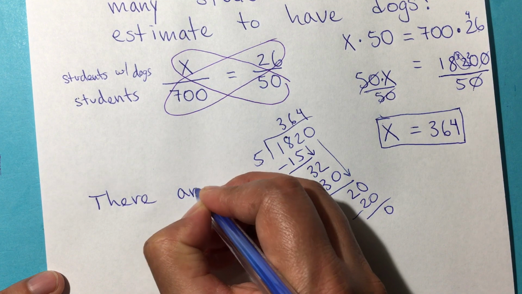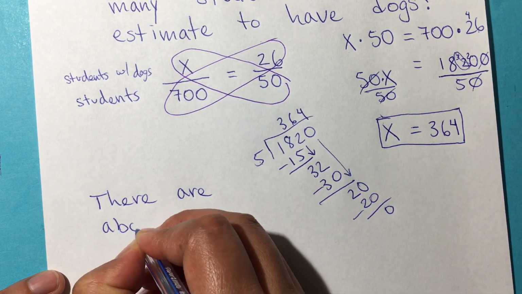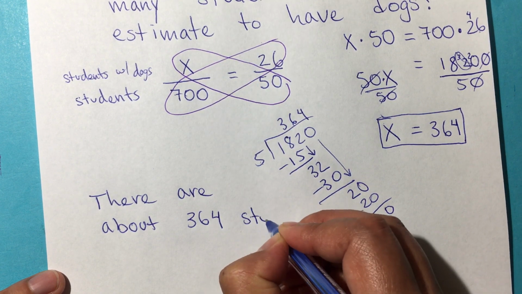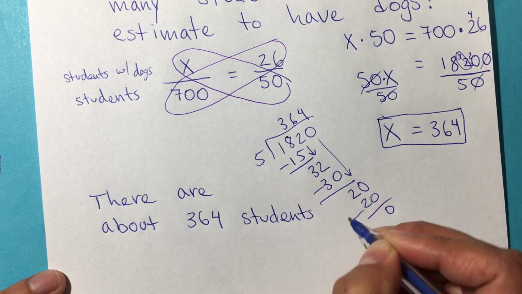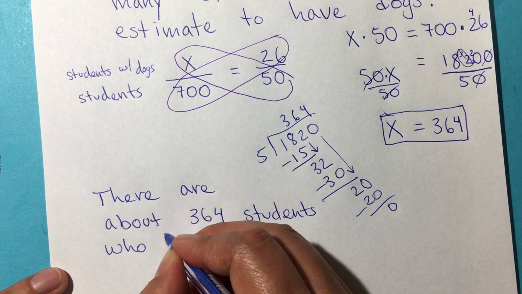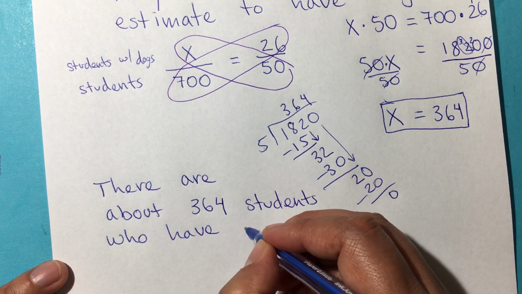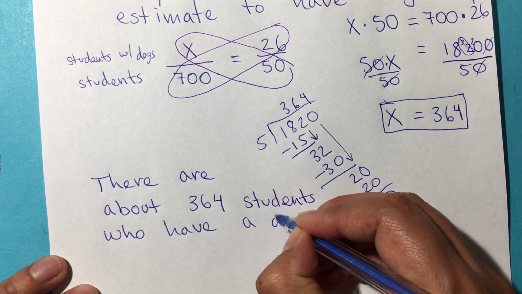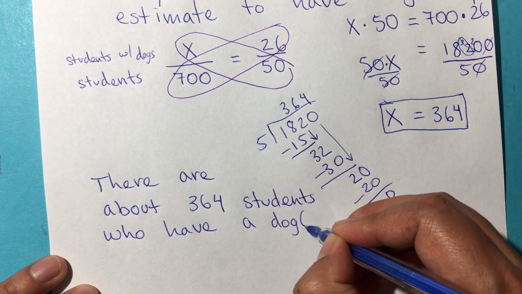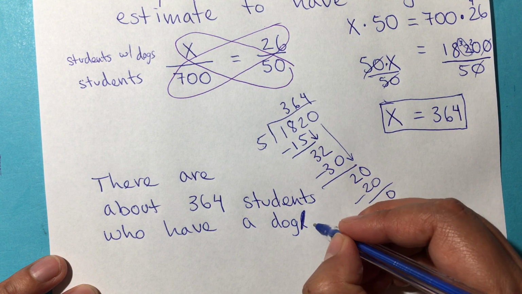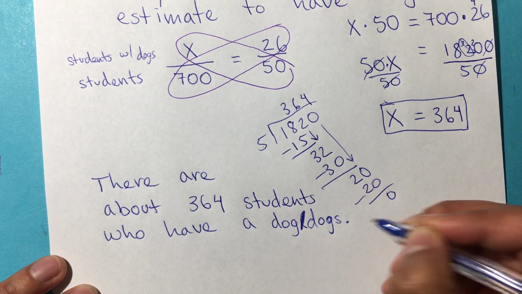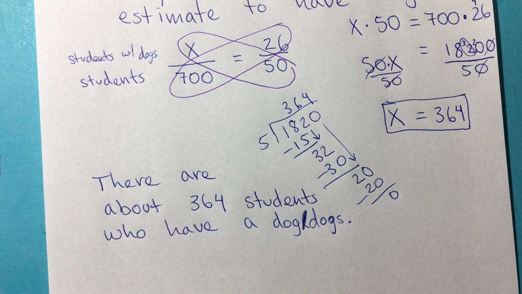There are about 364 students who have a dog or dogs, okay? Maybe I should put a slash, and dogs, because we don't know if they own one dog or more than one, okay?